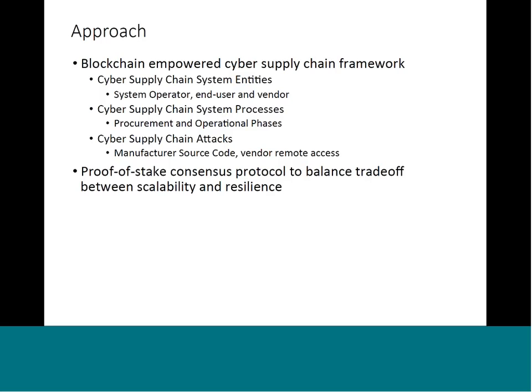So the key aspects of the framework is first of all, what entities will be participating. I already talked about the system operators and users and vendors. What are the processes that we'll be tracking? As I mentioned, we are looking at provenance. So where does provenance start? So for us, it's looking into the procurement phase, where you're looking at the vendors who are going to be involved in supplying the software.